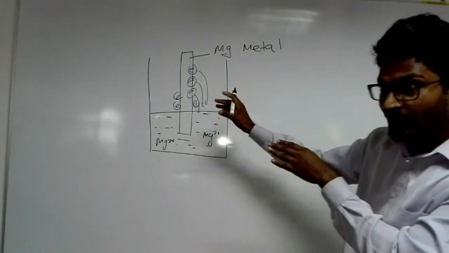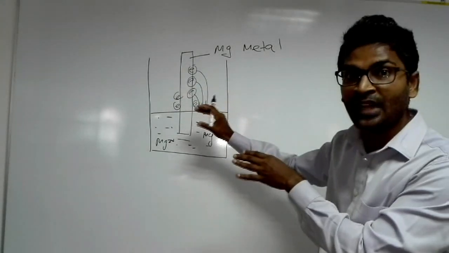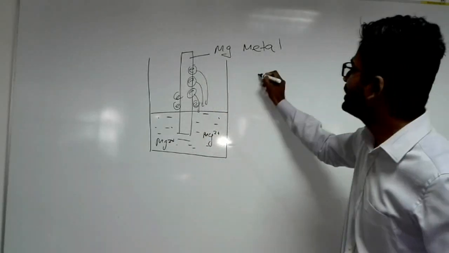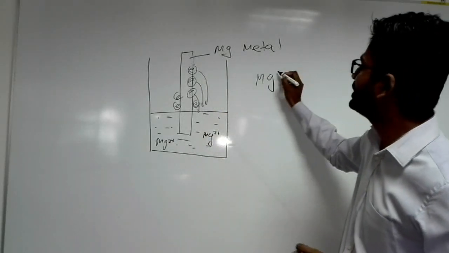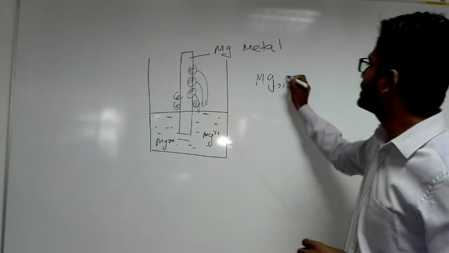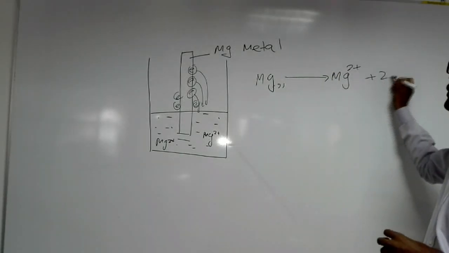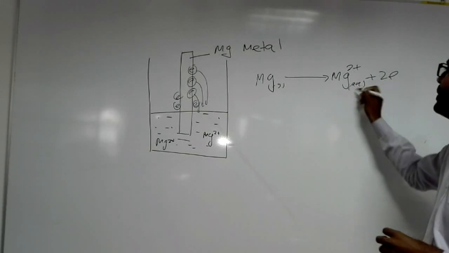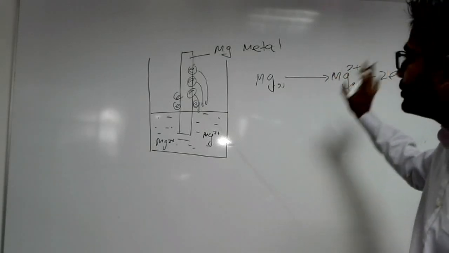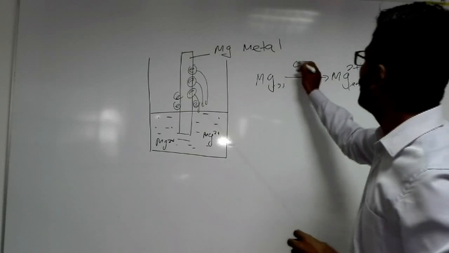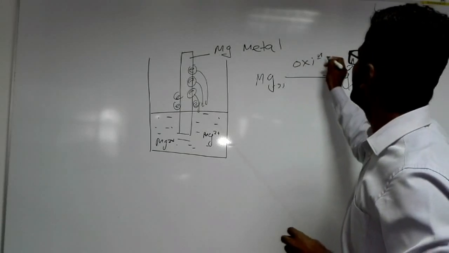This process we call oxidation and reduction. Magnesium metal converting into magnesium 2 plus is called the oxidation process.